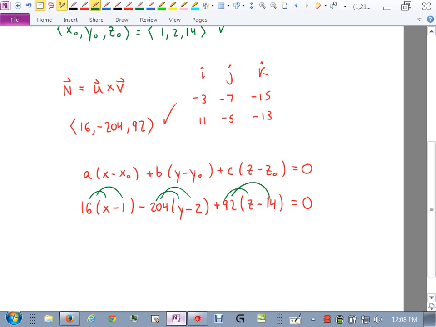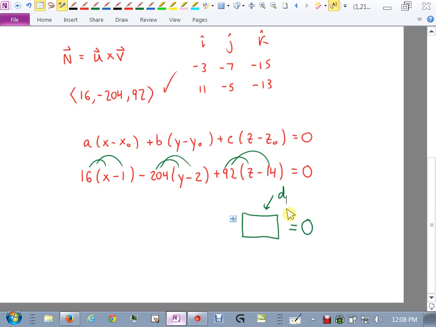And you can leave the number on this side. This is kind of important, though. If you leave the number on the left side, that's D. If you take it to the other side, it's -D. So D is what you get when that number's on the left side. -D is when you take it to the other side. All right, that's it for that.